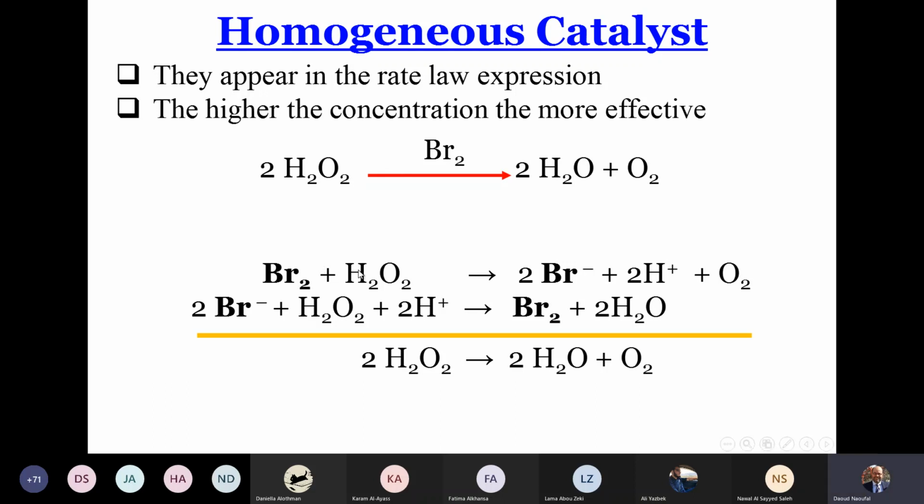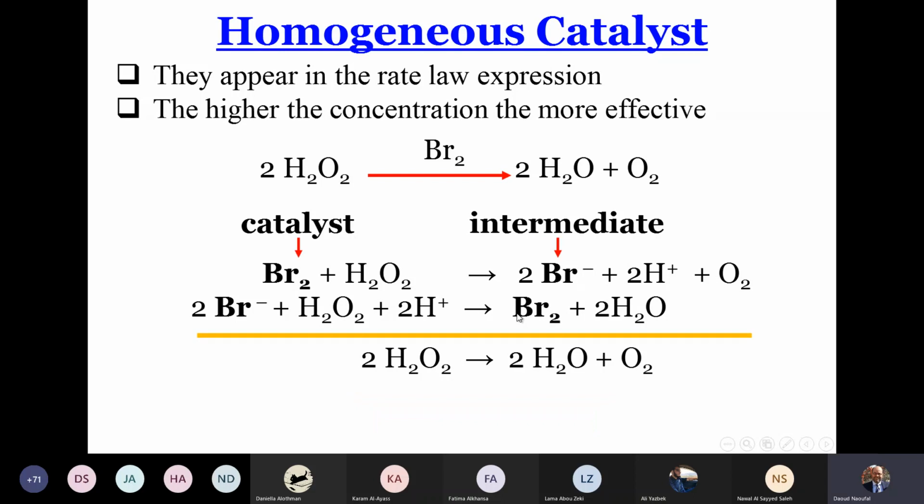But in the homogeneous, Br2 reacts with H2O2 to give Br minus, H plus, and O2. Then Br minus reacts with H2O2 and H plus to give Br2 and H2O. Br2, the homogeneous catalyst, acts as a real reactant, but it appears in the product. So Br2 is a catalyst.